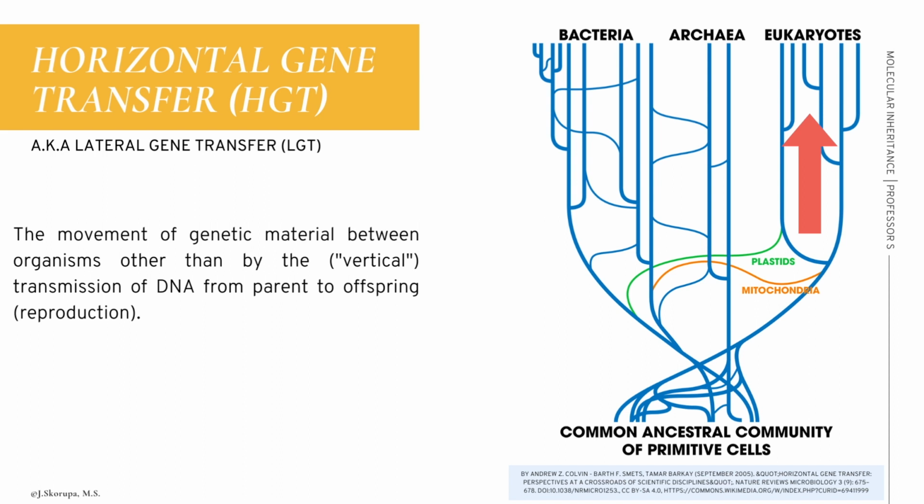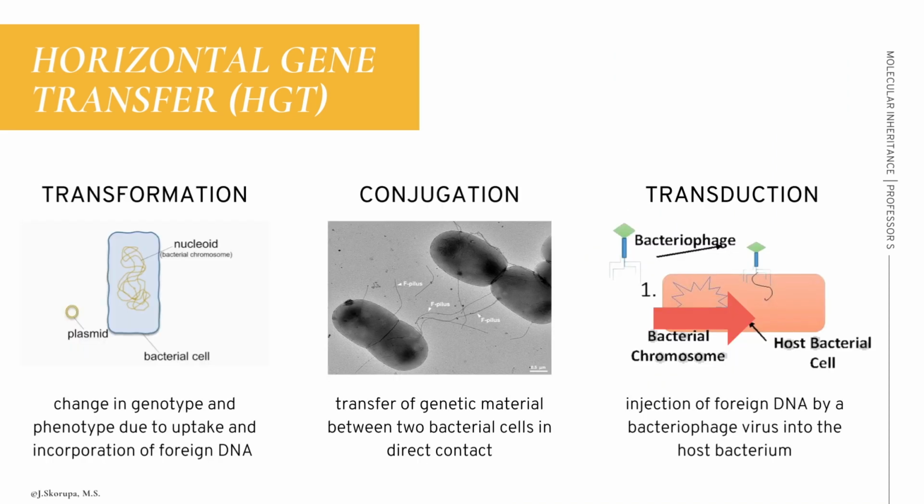Again, though, this is horizontal gene transfer, so it's moving laterally. So how does this happen? There are 3 mechanisms of horizontal gene transfer: transformation, conjugation, and transduction. As we know, transformation is the change in genotype and phenotype due to uptake and incorporation of foreign DNA.